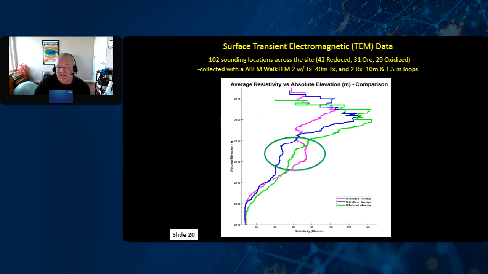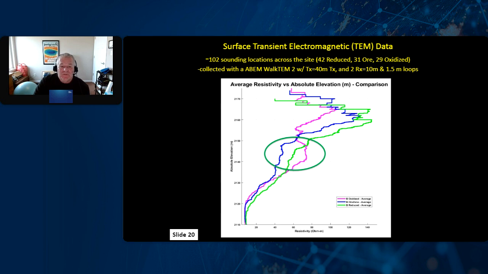I thought the reduced area would probably be the more resistive, but it turns out the oxidized is, and we're still trying to formulate that because there's always been this understanding that the oxidized zone is potentially going to contain a lot more ferrous iron. And so why wouldn't it be a little more conductive? I'm not sure. It's certainly a reflection probably of the pore space fill.